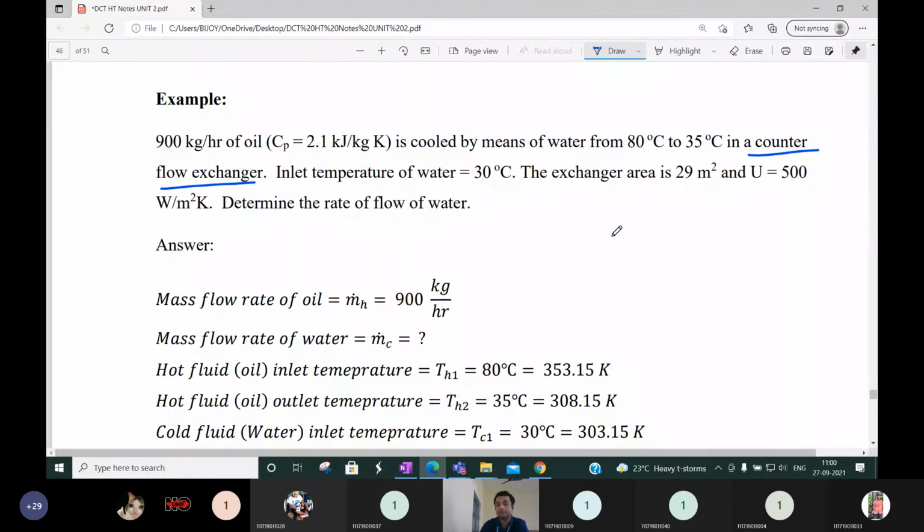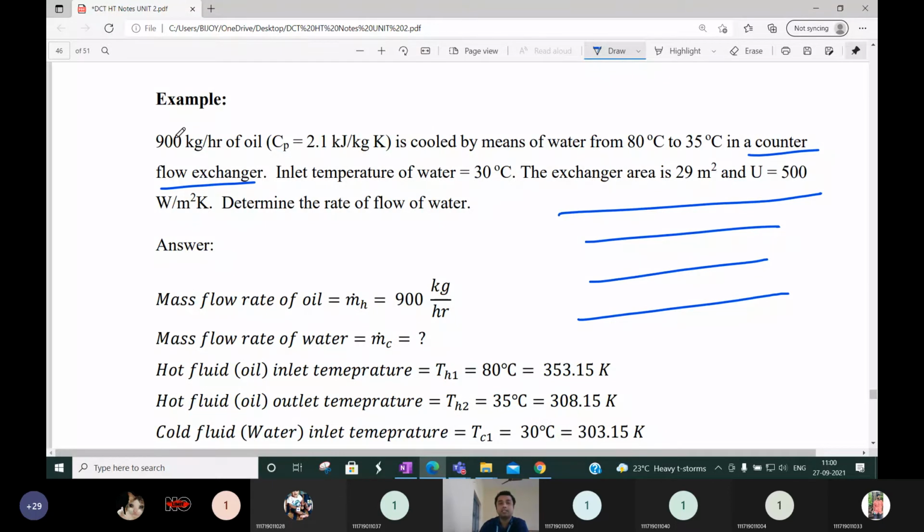So let us draw. This is the heat exchanger. It is given 900 kg per hour of oil. Oil is flowing, suppose, in this direction. Then what will be the direction of water? It is a counter flow heat exchanger, so it will be in the opposite direction.